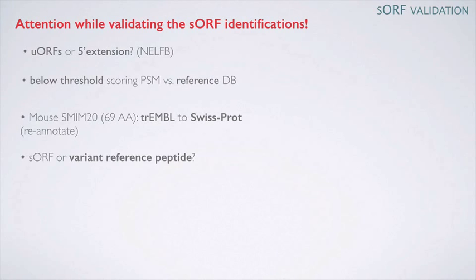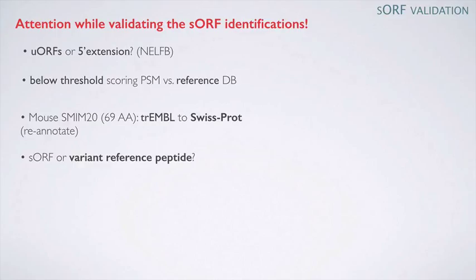But one has to be very careful in trying to identify or at least interpret these small open reading frames or the identifications. Sometimes an upstream open reading frame can point to a 5' extension of your protein because of misannotation, because of a mutation point. This can happen. So you really have to take care of that. Sometimes we tend to go for a two-way identification search.